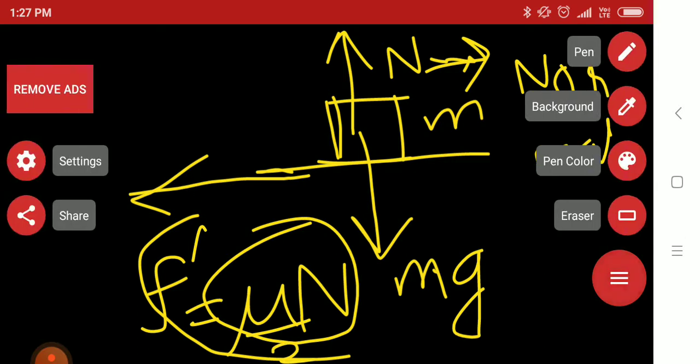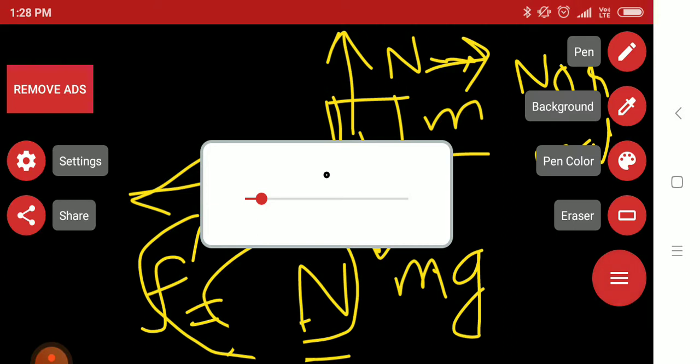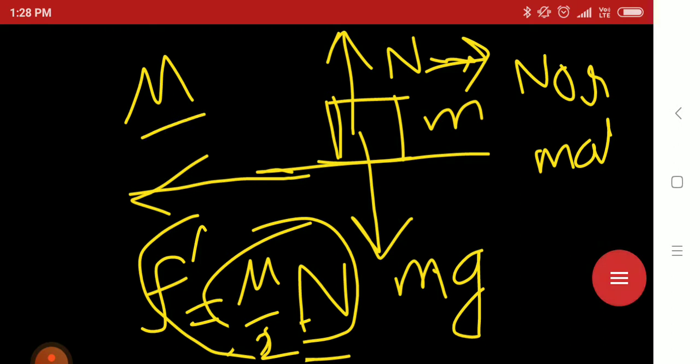Mu by 2 N. Let me write, because in the question it is given that the frictional coefficient between capital M and small m is mu by 2. So for small m mass, frictional force is mu by 2 mg, because N equals what? mg.